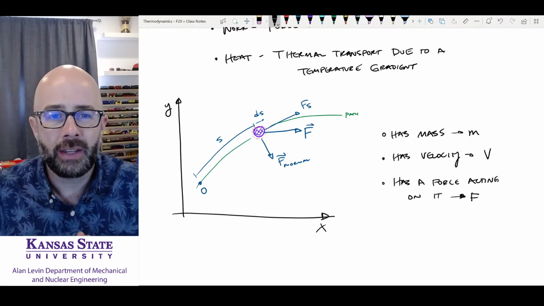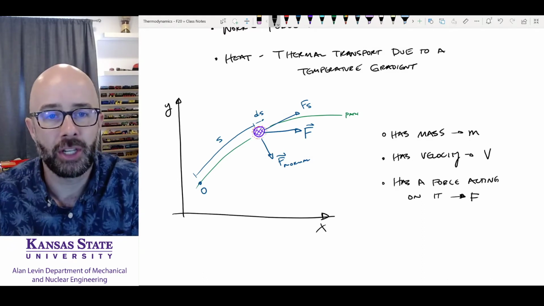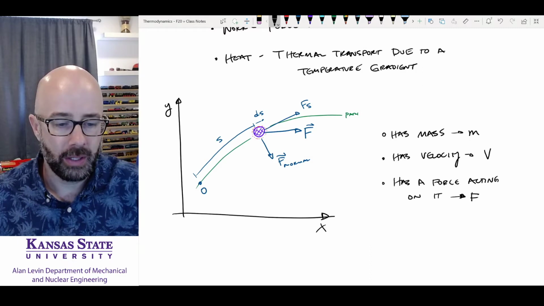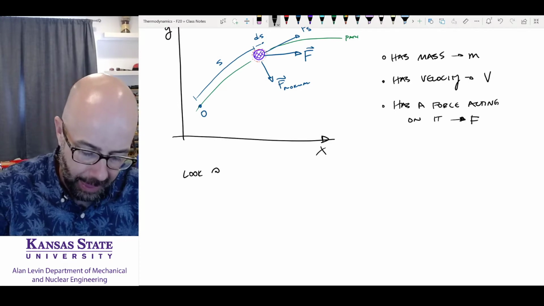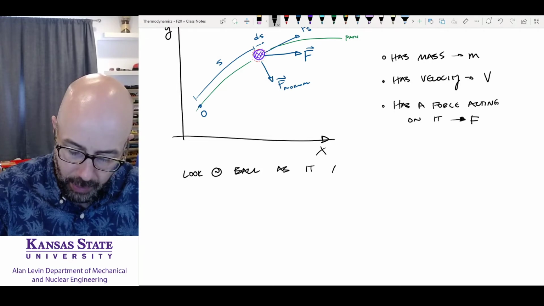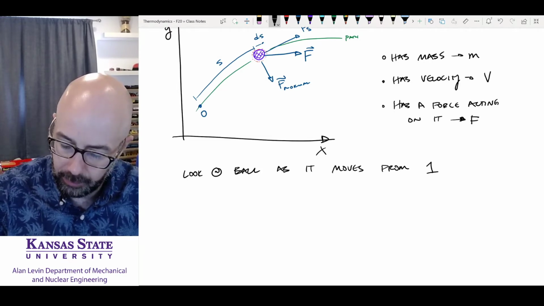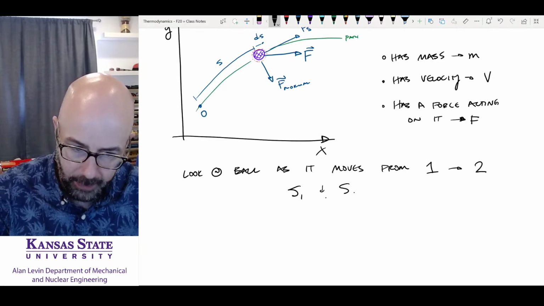Now we want to look at this ball as it moves from position 1 to position 2, from state 1 to state 2. So we're going to have an S1 and an S2.